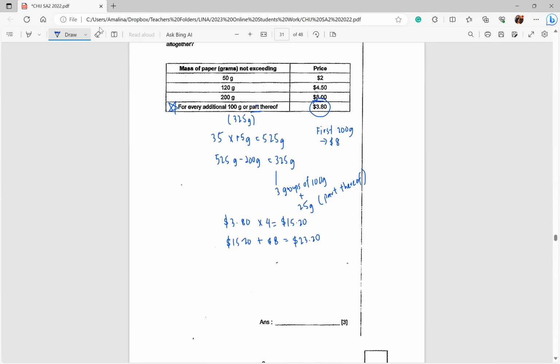Okay, so that's the answer for this question, $23.20. Okay, maybe I make this a bit neater in case it's harder to see my tool. Okay, so $23.20.